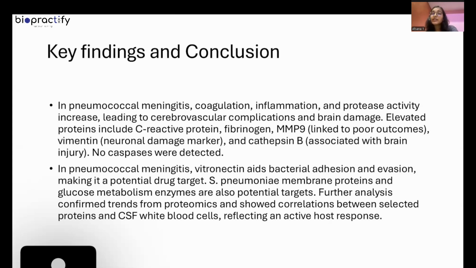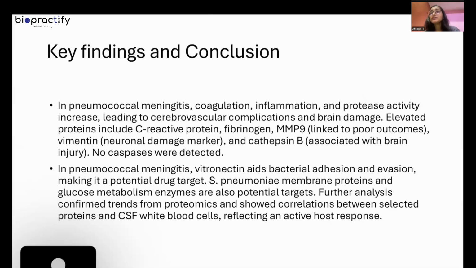In all these cases, some proteins get very elevated, like C-reactive protein, fibrinogen, MMP9, vimentin, and cathepsin B. All these proteins get upregulated, but caspases were not detected in the meningitis.